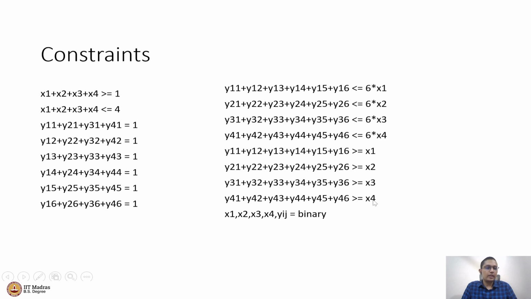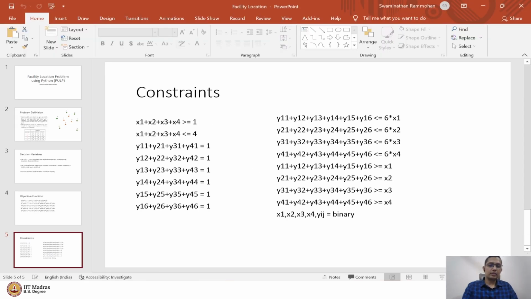You cannot have a facility and have no suppliers mapped to that facility. If x4 is 0, you don't want any suppliers to be mapped to that facility, right? Then comes the binary constraint. All the variables x1, x2, x3, x4, and yij are binary variables. So now we have the decision variables, objective function, as well as the constraints.